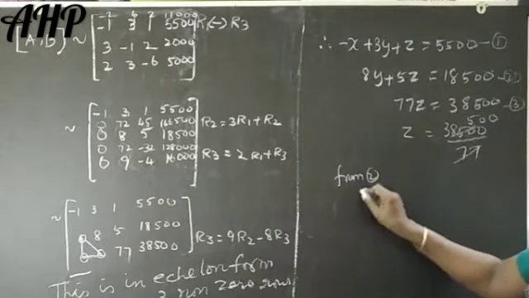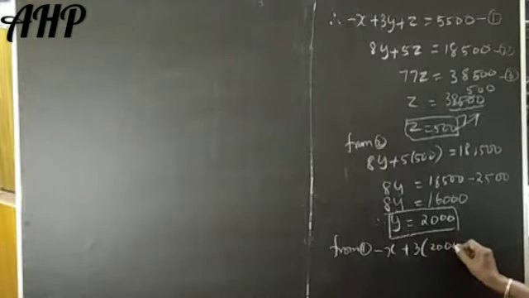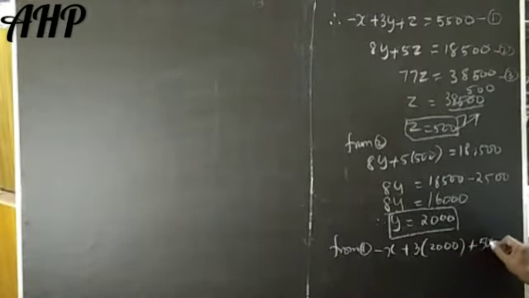Now substituting the values of y and z in equation 1, we get -x plus 3 into 2,000 plus 500 is equal to 5,500.